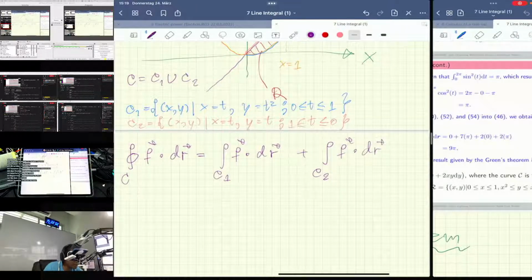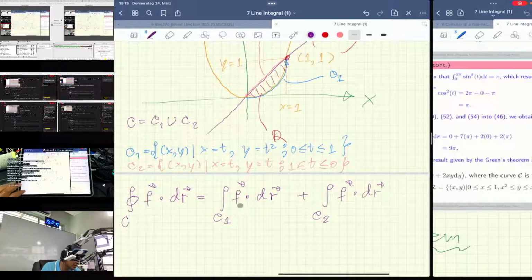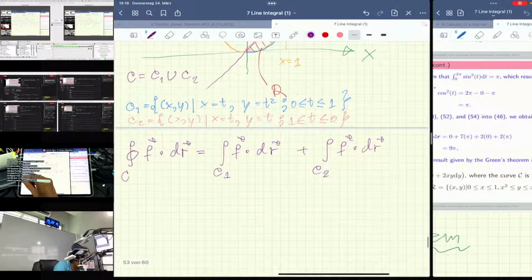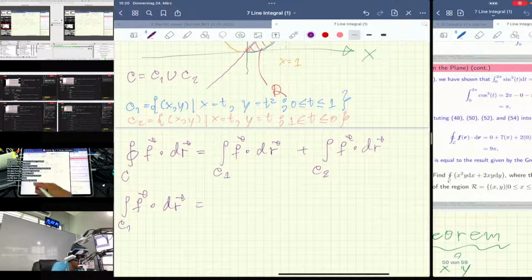We consider the first contour first, and later we will consider the second contour. So let's consider the first contour, C1, f dot dr. What is f? F is x squared y, and 2xy.